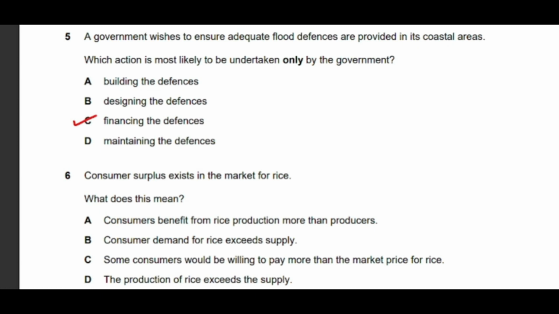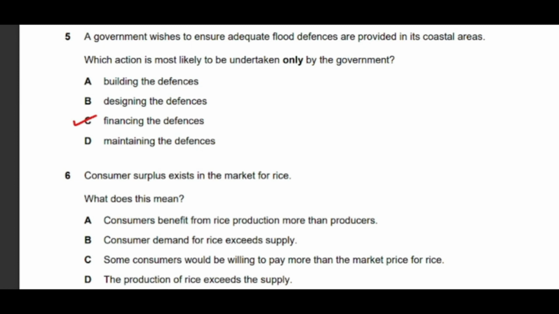You might be confused with other options, so I can explain those as well. Building the defense, the government can take help of the private sector, a private contractor may be appointed to build that. Design may be made by private companies as well. Maintaining defense, again it may be handed over to the private sector, but finances will be provided by the government because this is funded by the government.